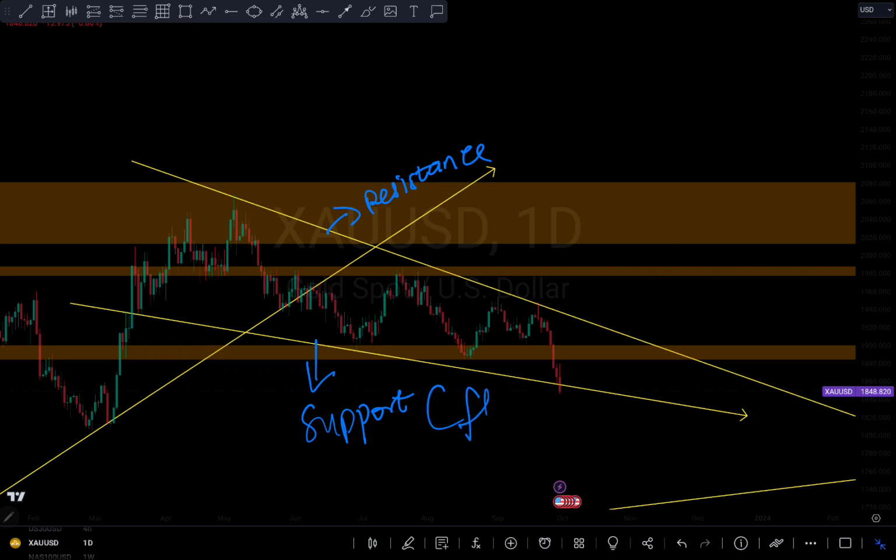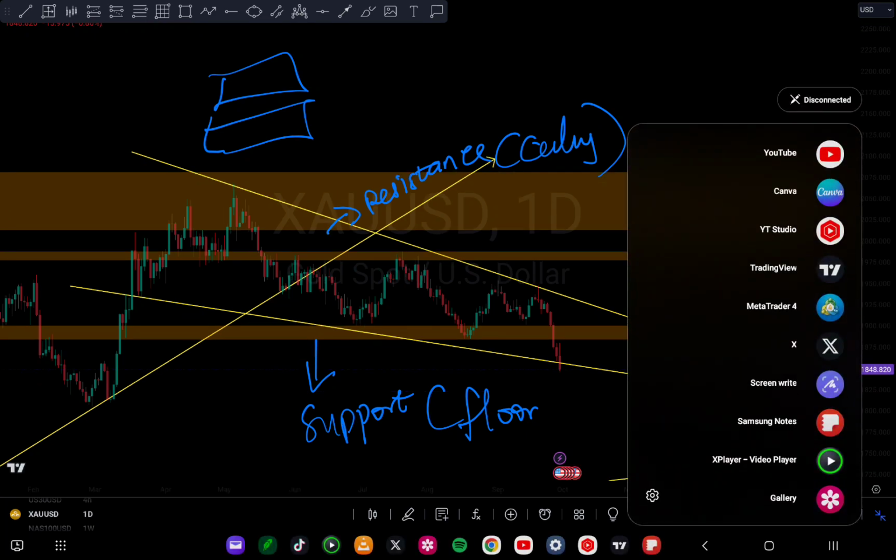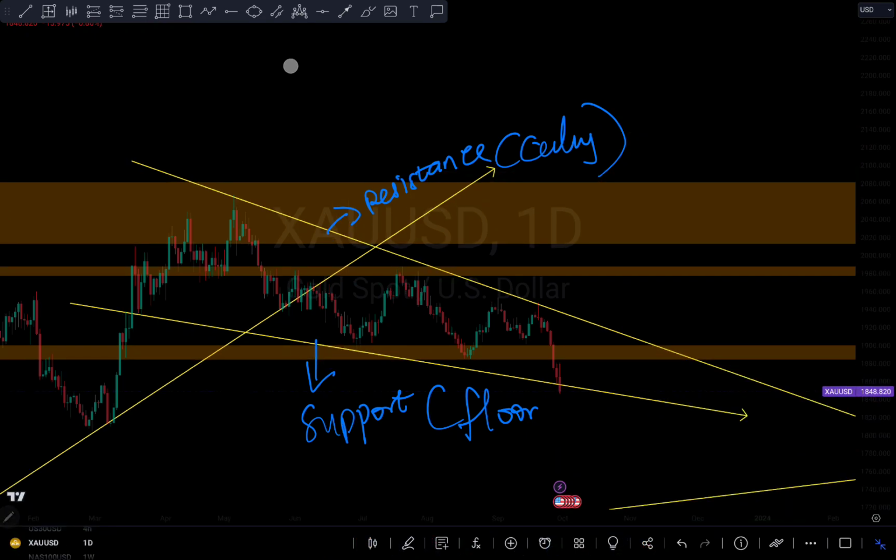Remember I said support is the floor and resistance is the ceiling. So it's the same thing as the zone, the zone meaning the rectangle boxes. If you have two boxes right here, just know the upper one is resistance and the lower one is the support. That is the easy way to remember for beginners that don't really know much about support and resistance.